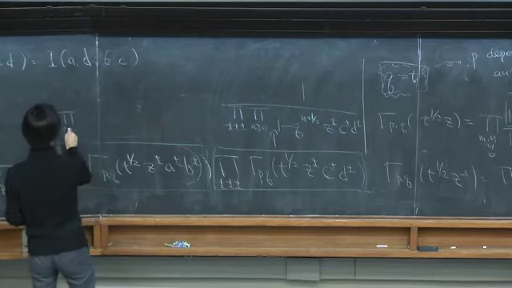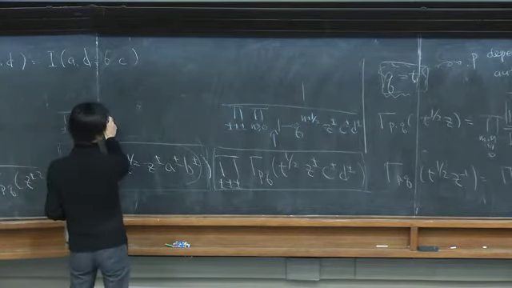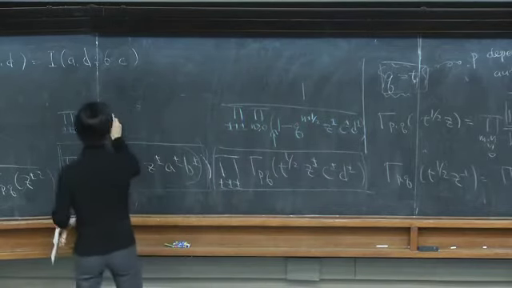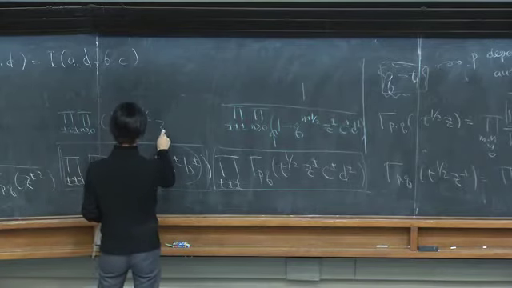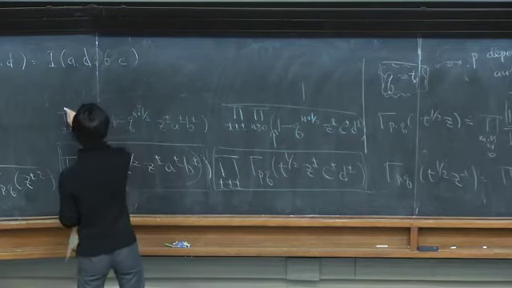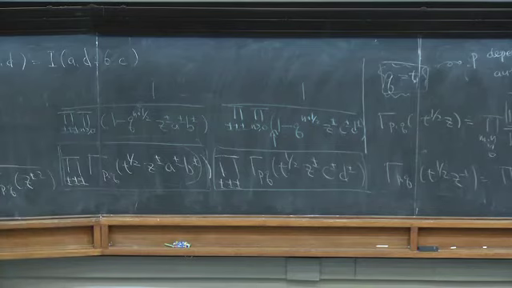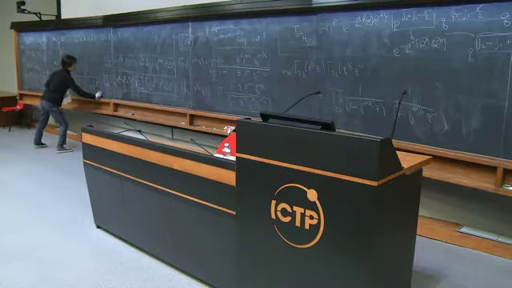Maybe I shouldn't bother writing all of the equations here. But sometimes doing this computation very explicitly helps you understand what is going on. So these are the contributions from the matter fields. And there are contributions from the vector multiplet.